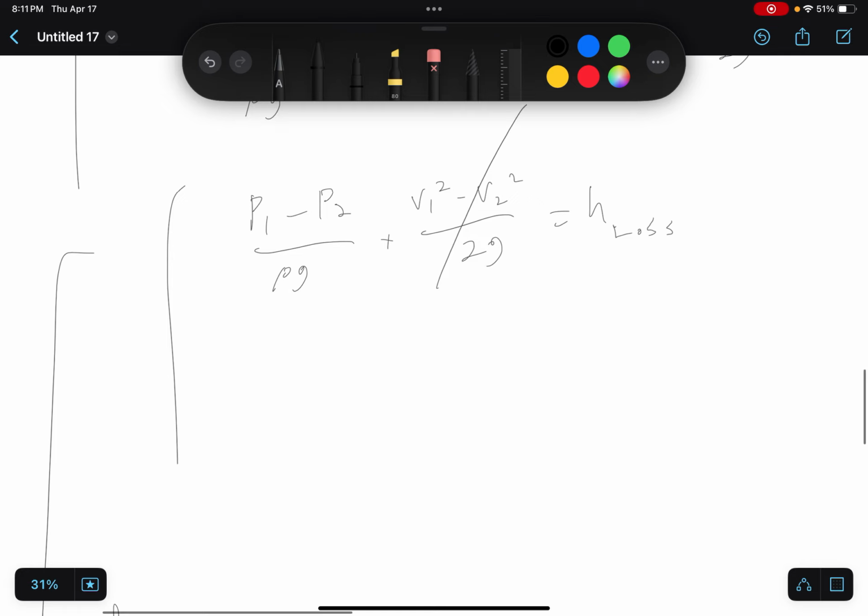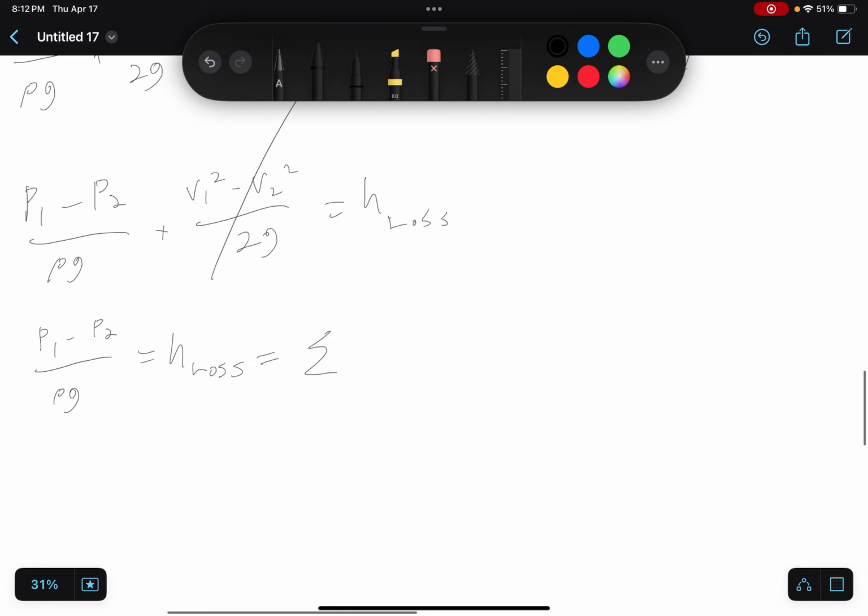So we're left with density times gravity equals h loss, which equals the sum of K_L times v squared over 2g. Cool.